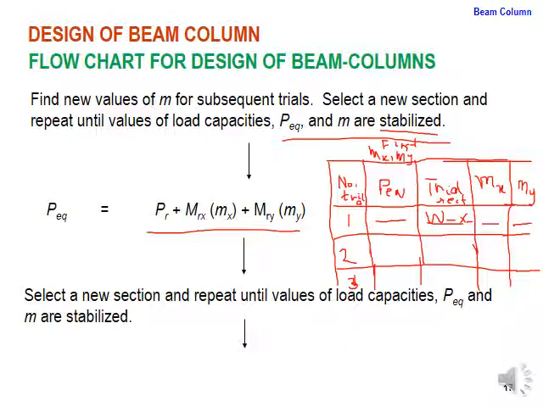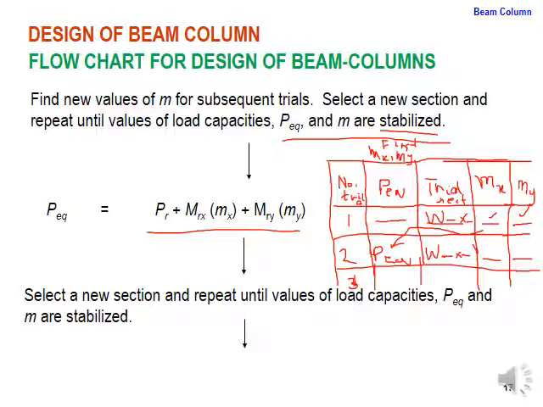Now what you can do, you can use this Mx and My to calculate another P equivalent for the second trial. Okay, you can again enter into the table, you can select the second section W. Using its depth, you can calculate another Mx and another My.